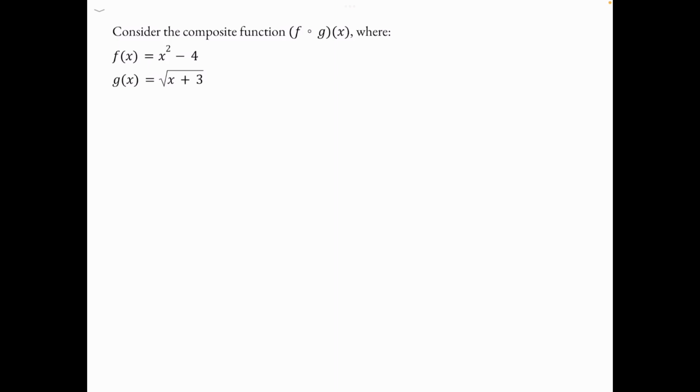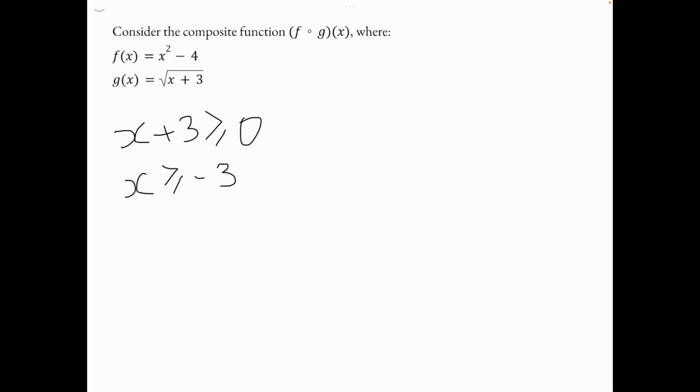In this case, the square root function is defined for non-negative numbers, so x plus 3 must be greater than or equal to 0. Solving for x, we get x is greater than or equal to negative 3, so that's the domain of g(x).